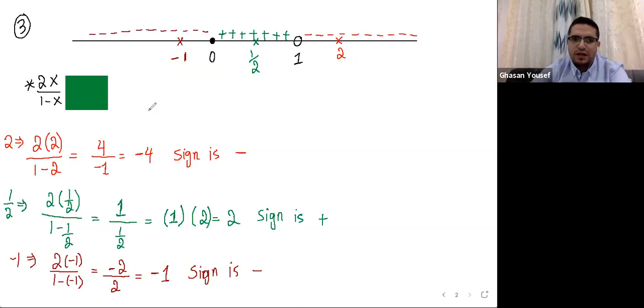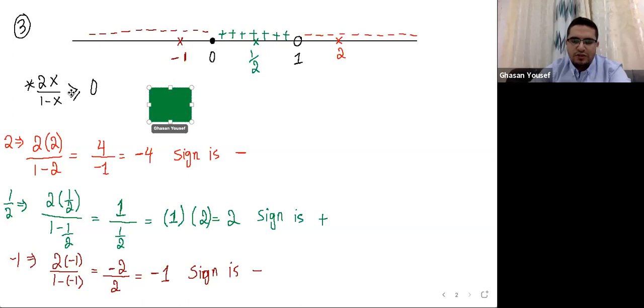Okay, my question now, we have to remove this green box like this. And I should give the interval such that 2x over 1 minus x is greater than or equal to 0. When will this be positive or equal to 0, in which interval?